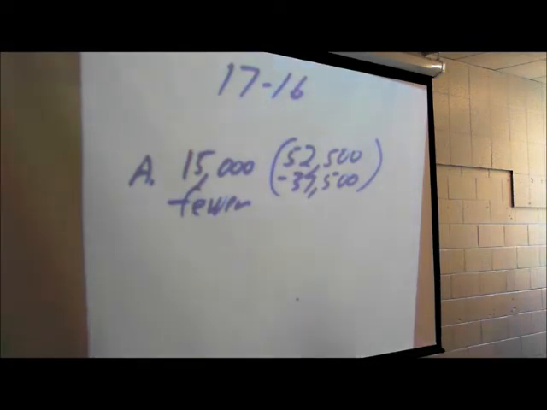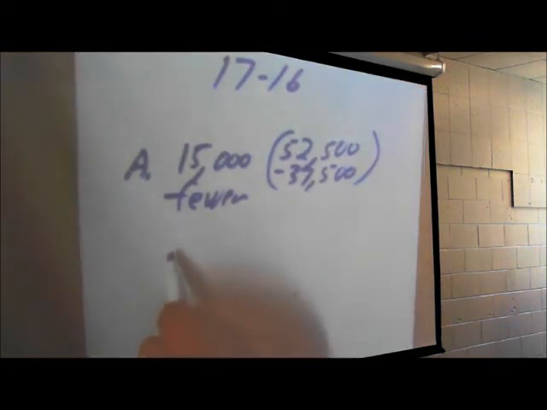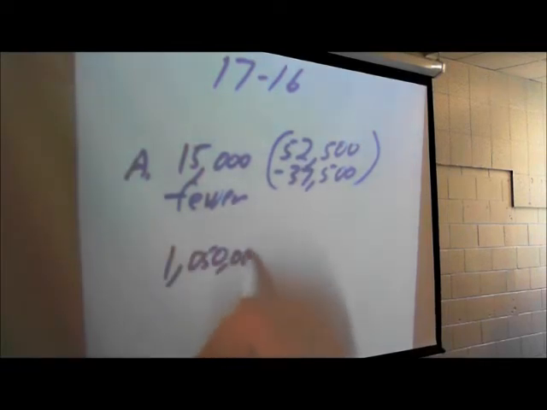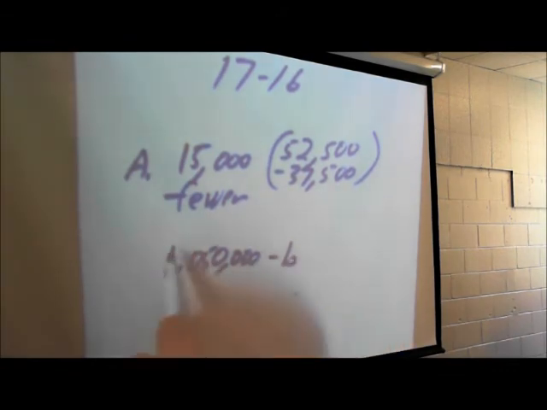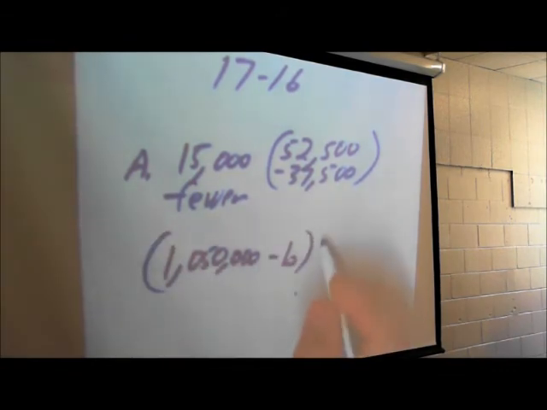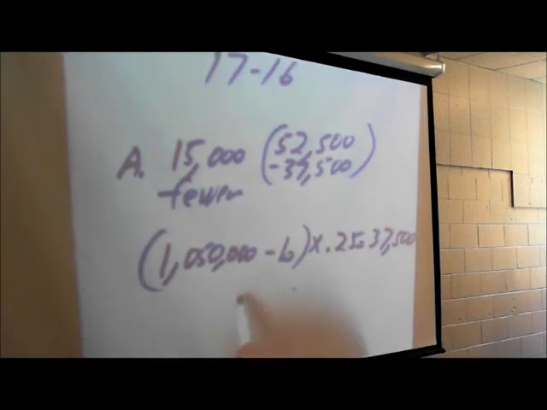The formula they're giving you on the top, it says what? 1,050,000 minus B times 25% equals 37.5. Solve for B. B's got to be 900,000.